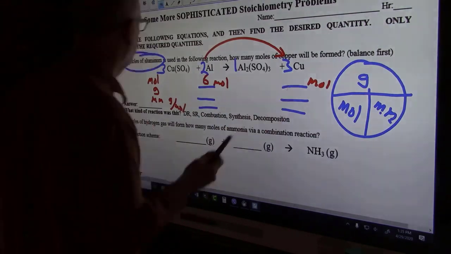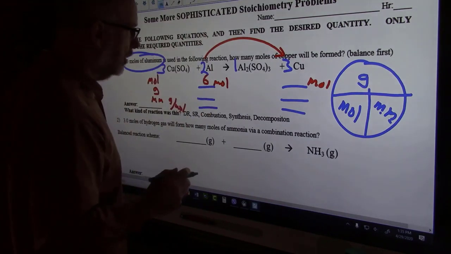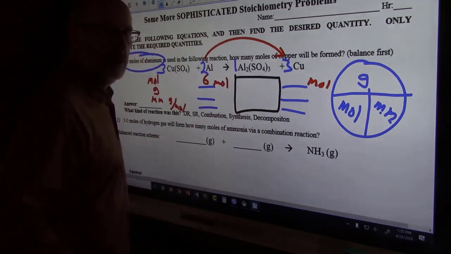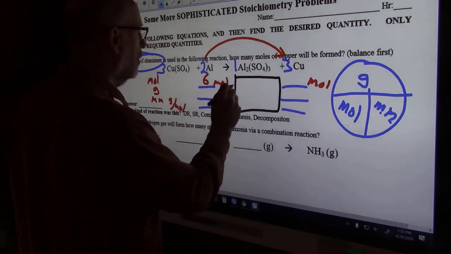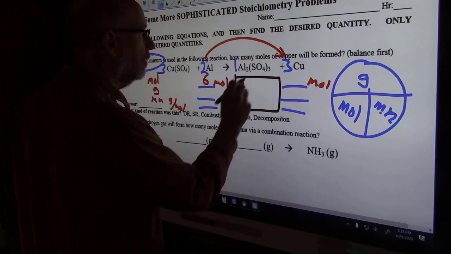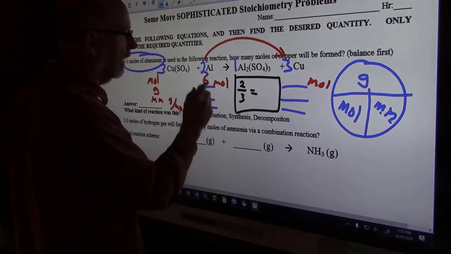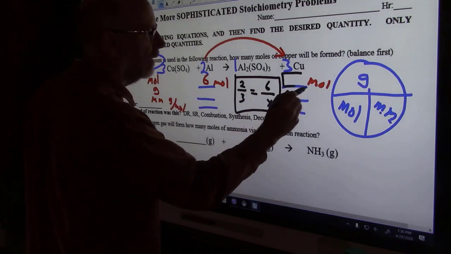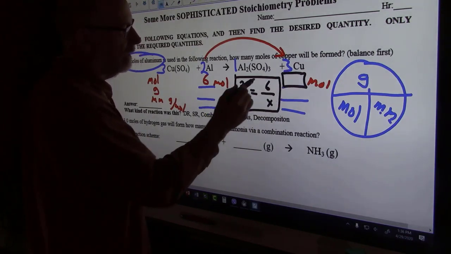Let's say that that's not coming easily to you. You can set up a proportion. Can I use this little space right here to show you the proportion? I know this is in the middle of the screen. You would say 2 is to 3 moles as 6 is to x, because this is our x right here. The question asks how many moles of copper? 2 is to 3 as 6 is to x.